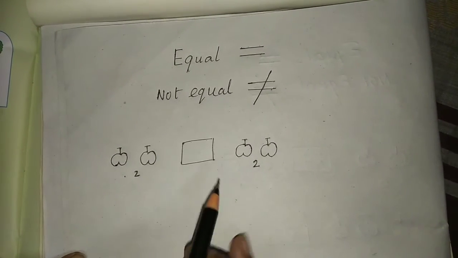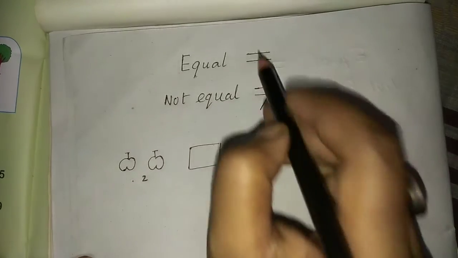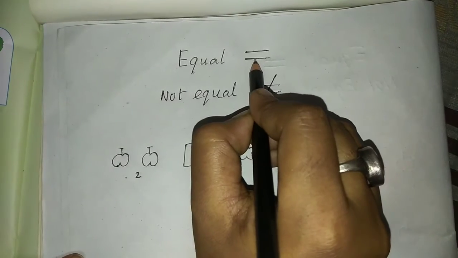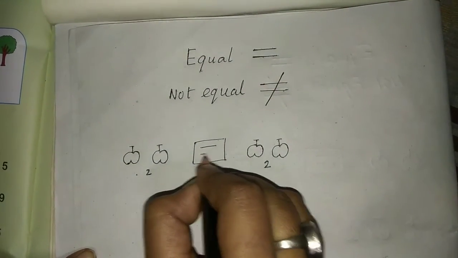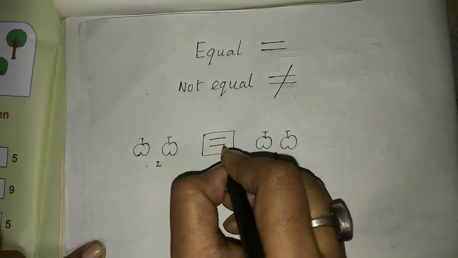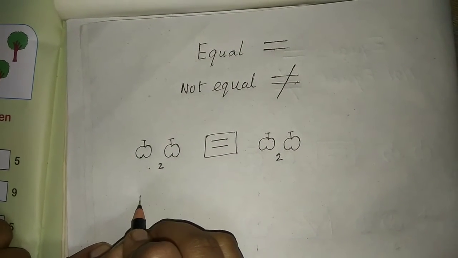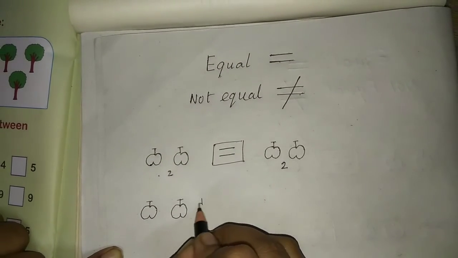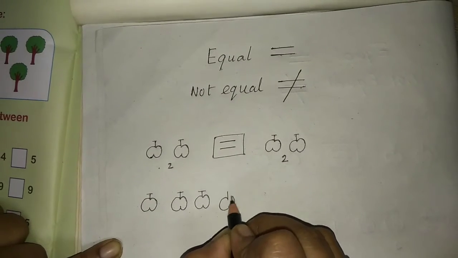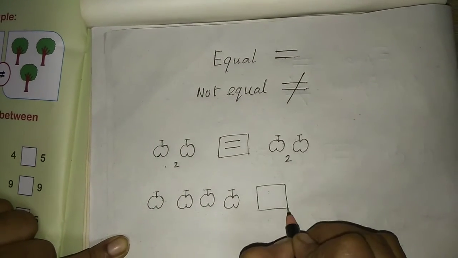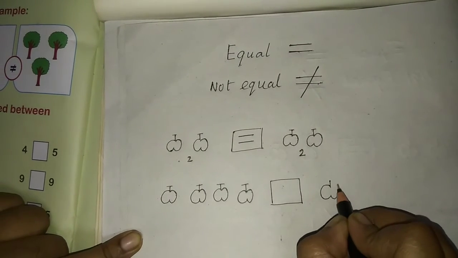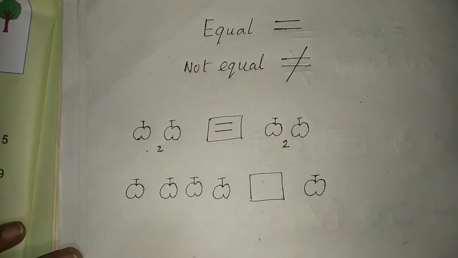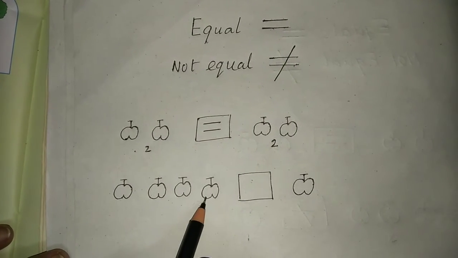What sign will I put here? This sign. If both portions have the same count, that means equal, so I am drawing this symbol. Next, another example. Again I am drawing objects and a box. First our work is counting: 1, 2, 3, 4.